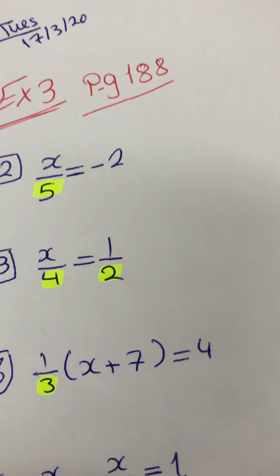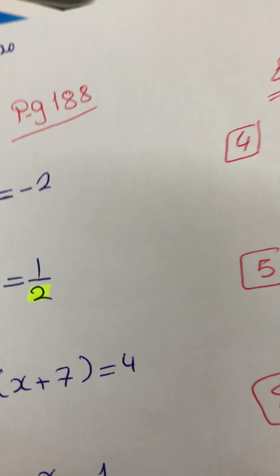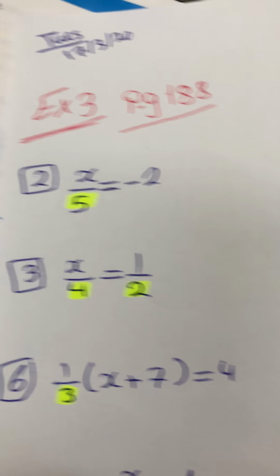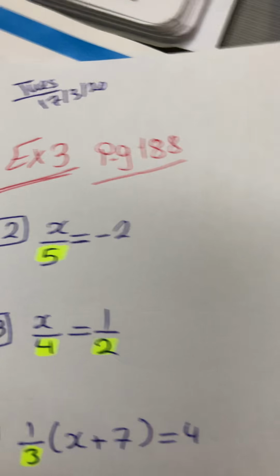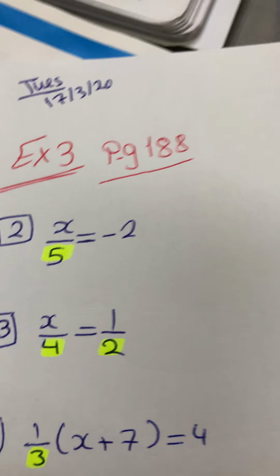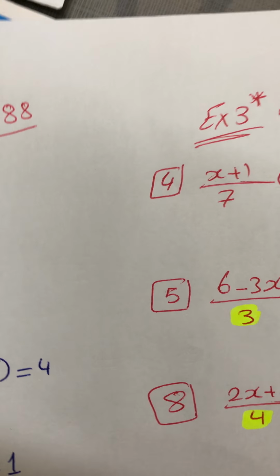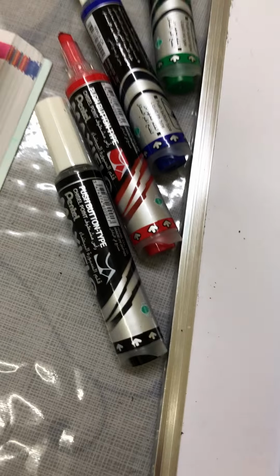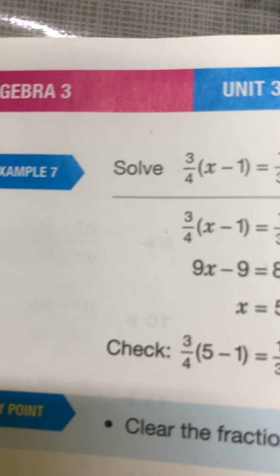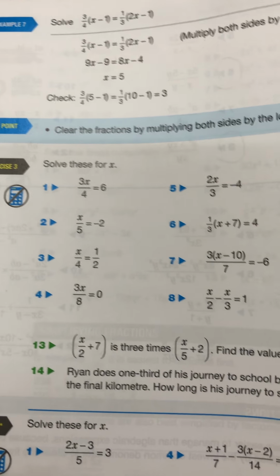Exercise 3, page 188. In exercise 3, page 188, please circle the problems I want to solve with you. I'll go with you to page 188, exercise 3. Circle with me, please.